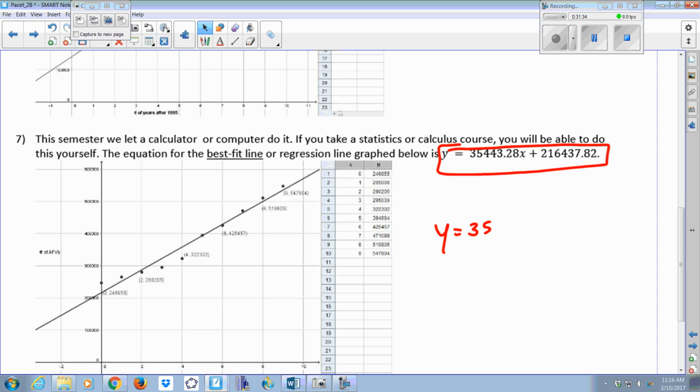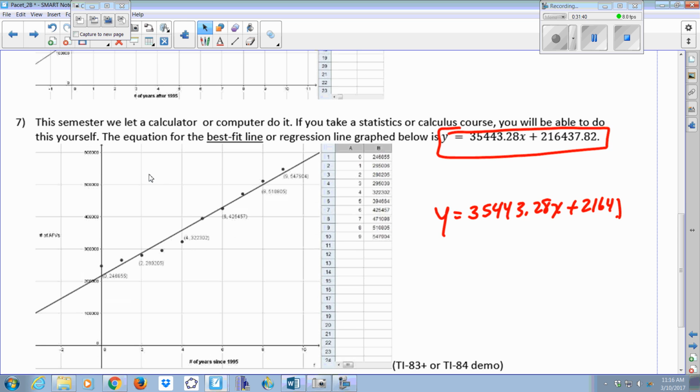Look at the slope of the line of best fit compared to the slope we got going through those first 2 data points. How can you compare those 2 slopes just quickly? It's almost double what we got, because ours was 16,675, right? So that's why the line that we got stayed well below those points, because the slope was not steep enough.